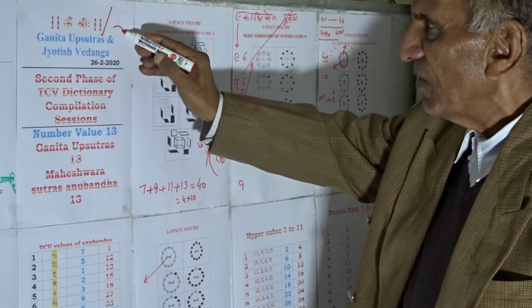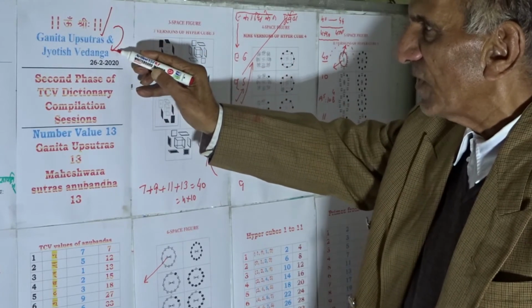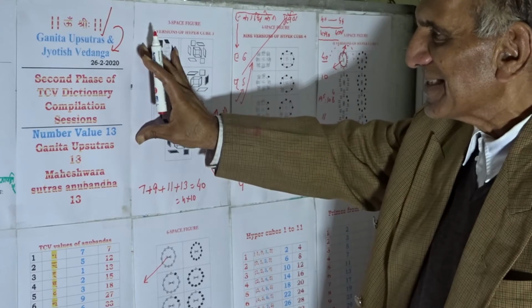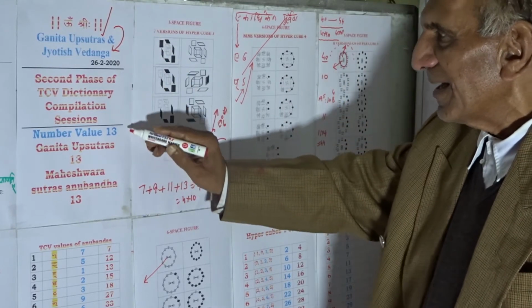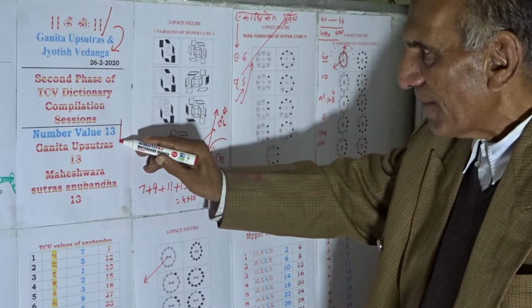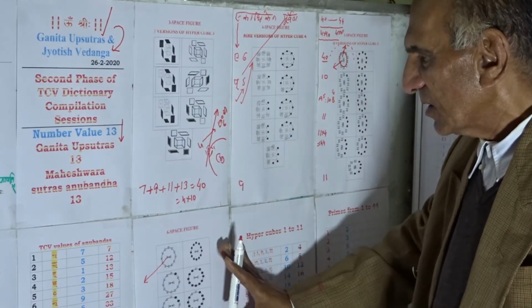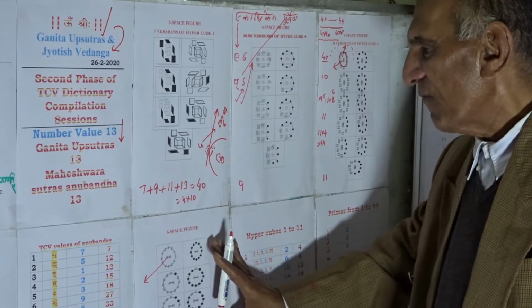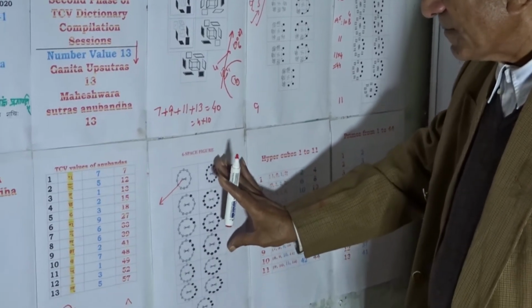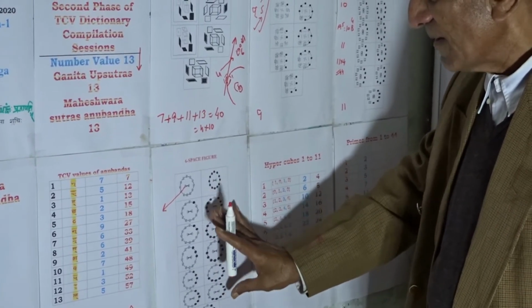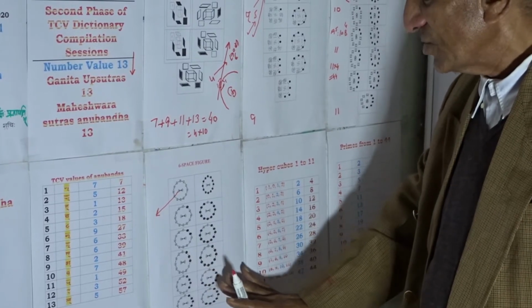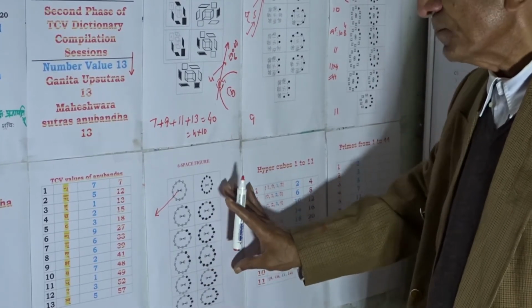From here we want to reach Jyotish Vedanga, and for it we are focusing upon value 13, parallel to the 13 versions of hypercube 6 as representative regular bodies of the 13 geometries of a 6 space.